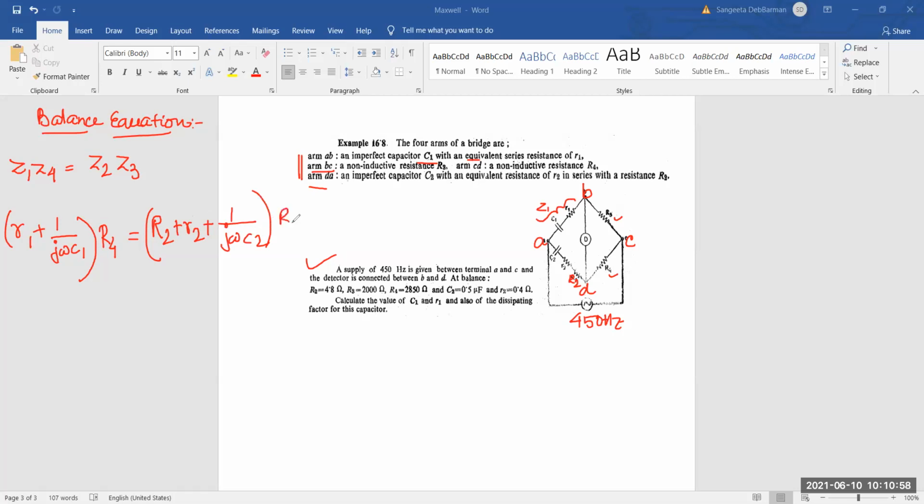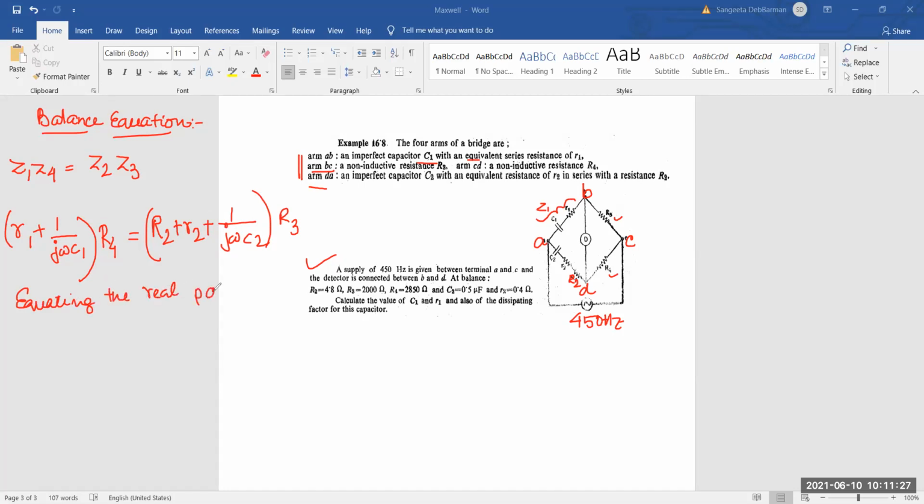And then we will get the R3. Okay, so these are my formulas. Now from this balance equation, you have to analyze what values are given in the problem. First of all, we need to equate the real and imaginary parts. So let us equate the real part.